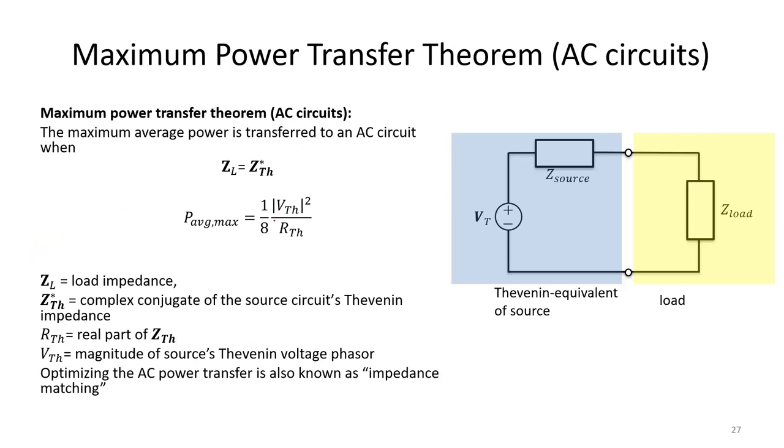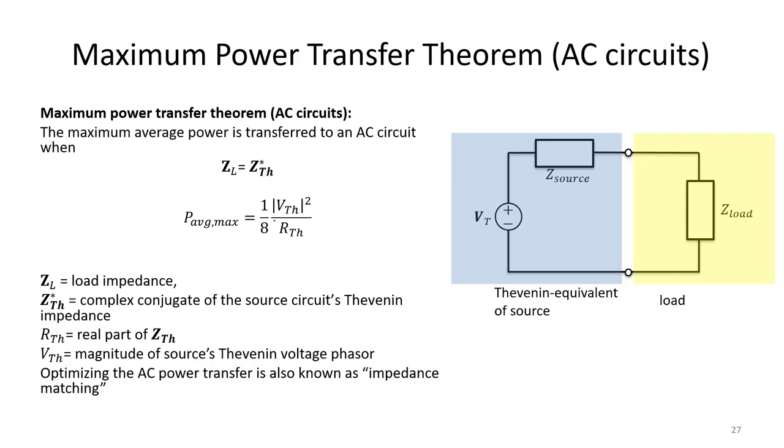Another very important topic we covered was revisiting the maximum power transfer theorem. You'll remember in AC circuits, maximum power transfer is fairly similar to what we learned in DC circuits.